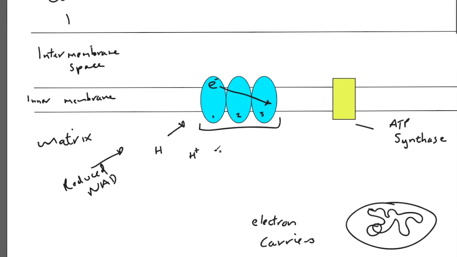As this keeps going on and on, you're going to get a little build-up of these protons, these hydrogen ions. And as this electron loses its energy, it allows these to go into the intermembrane space. So as these electrons lose their energy, the protons fill up inside the intermembrane space.